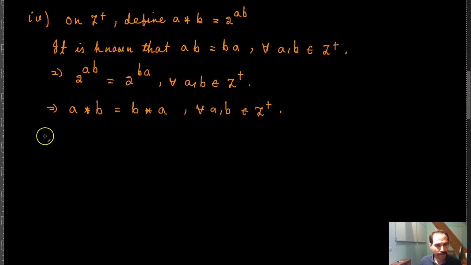And therefore star is a commutative binary operation. Therefore the operation star is commutative.